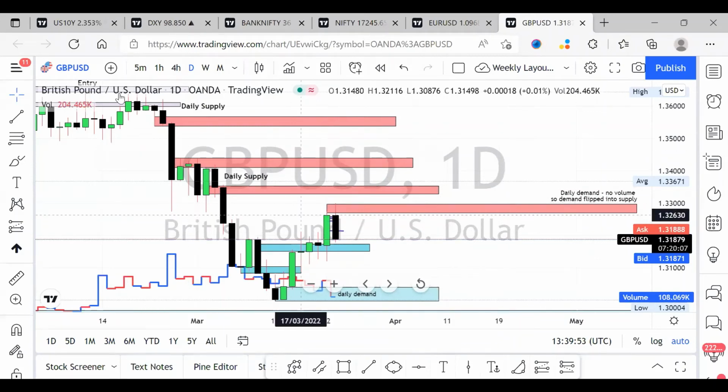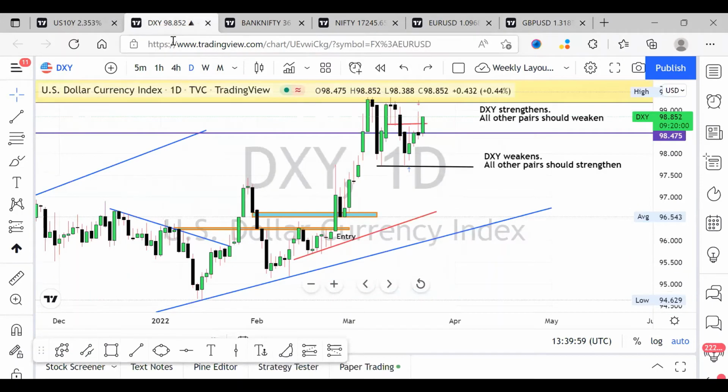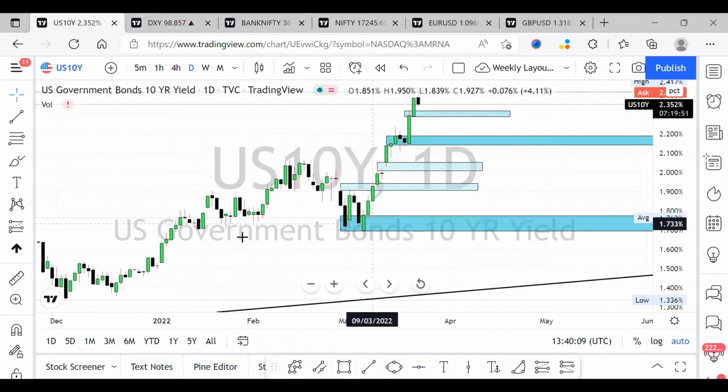But you've got to understand the correlation of why the government bonds and the dollar index make their play. If the dollar index is strong, it means the treasury bonds are in strong momentum, in bullish territory.